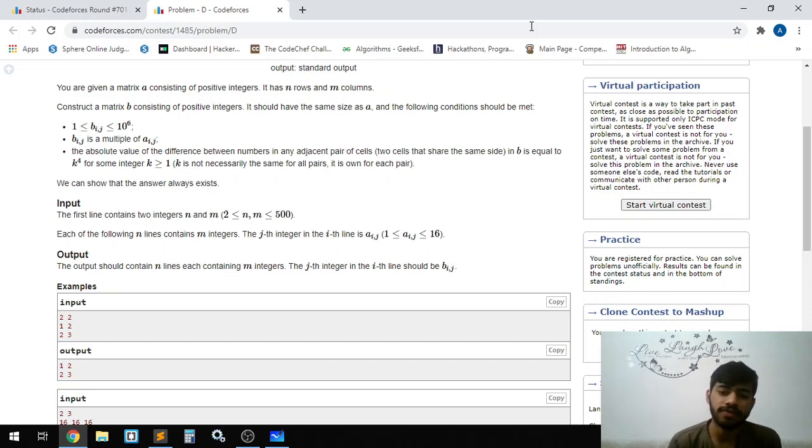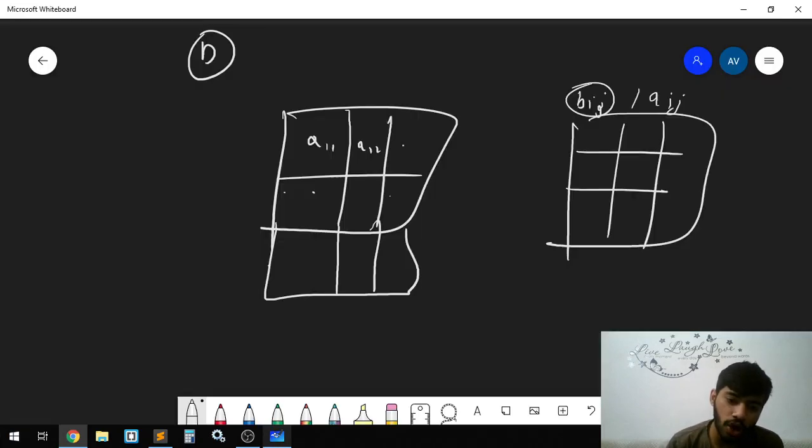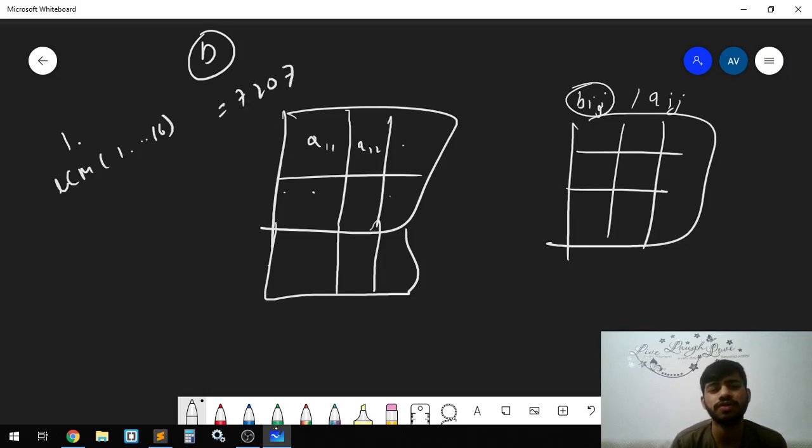As we have seen, a of ij is at most 16, and when we find the LCM of all numbers from 1 to 16, we get 720720.